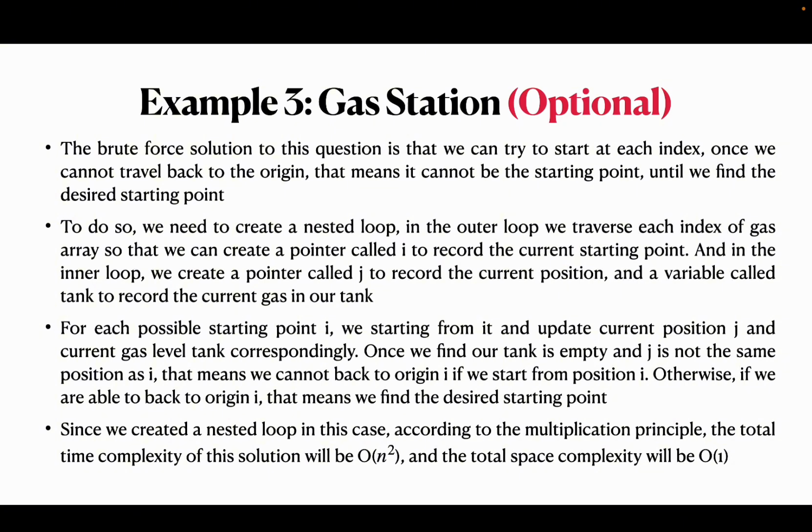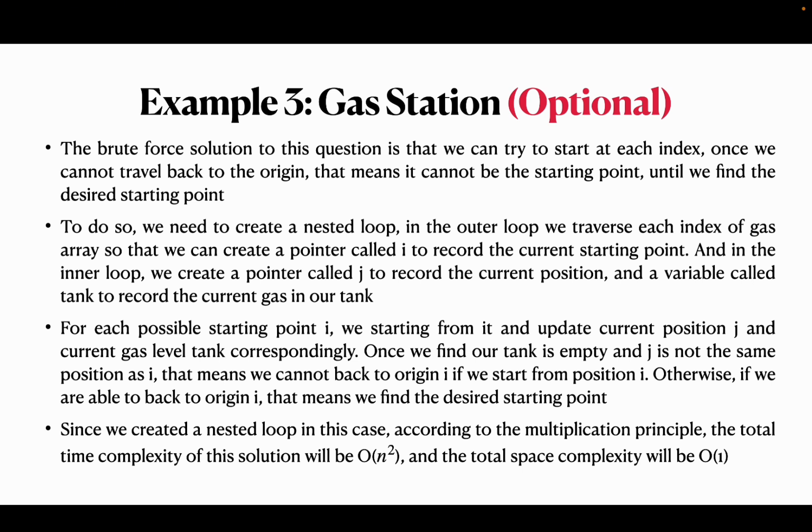We create a pointer called i to record the current starting position. In the inner loop, we create another pointer called j to record the current position, and a variable called tank to record the current gas in our tank. For each possible starting point i, j starts from it, and we update the current position j and the current gas level tank correspondingly.